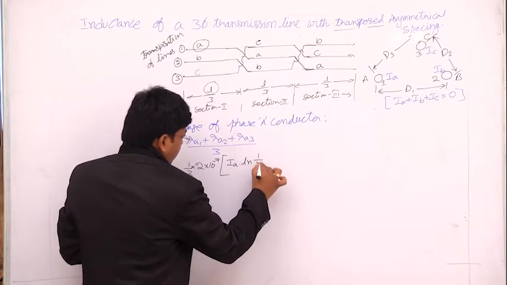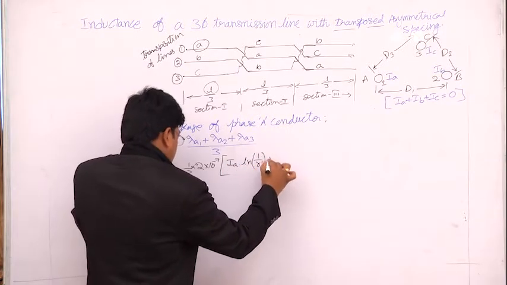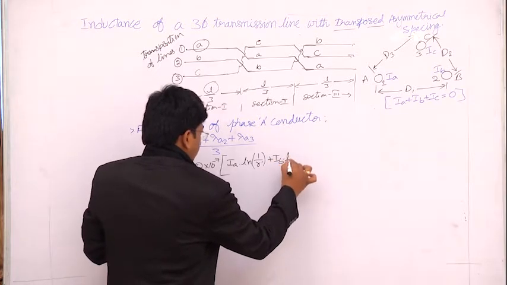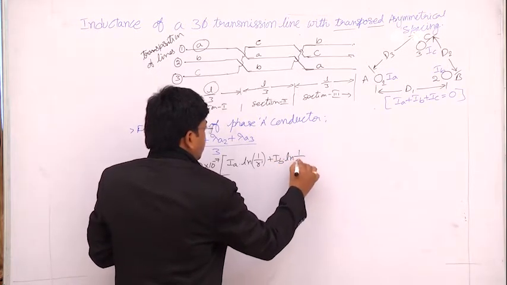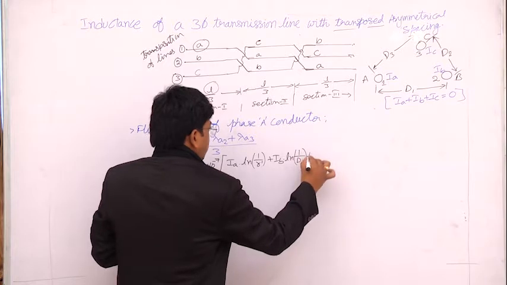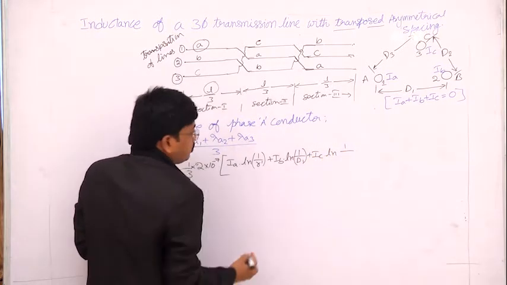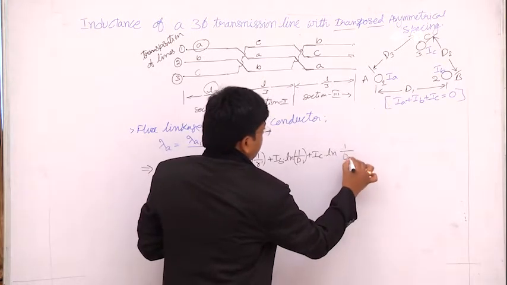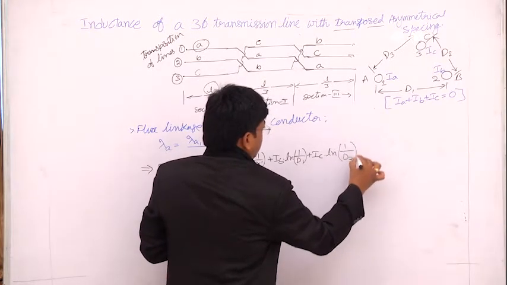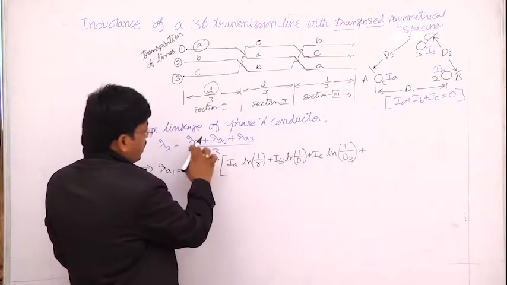that is IA into logarithm of 1 by R dash, plus IB into logarithm of 1 by D1, plus IC into logarithm of 1 by D3. This is the equation for lambda A1.